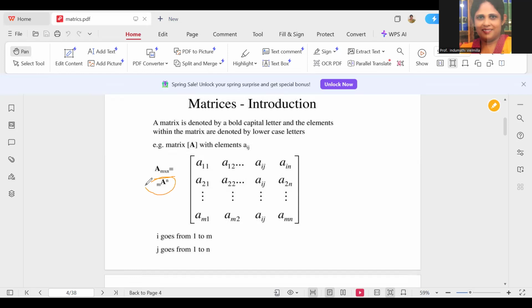We can write it this way or this way; these two methods we can use to name it. The first element is a11, a12, because 1 is the first row and 2 is the column. Like that a13, up to aij. i goes up to m because i is the number of rows, and j is the column, going up to n.